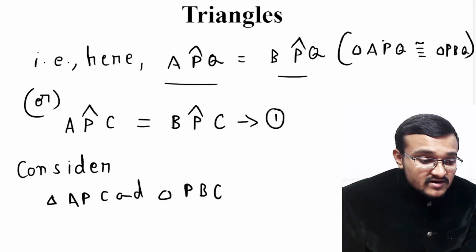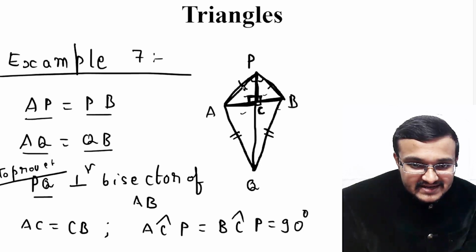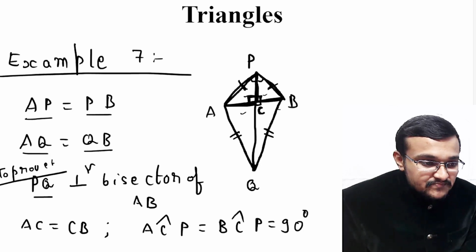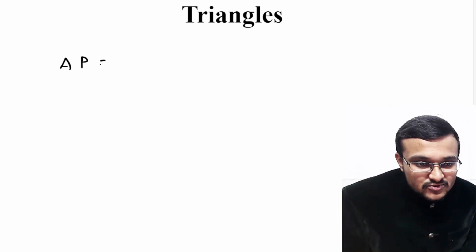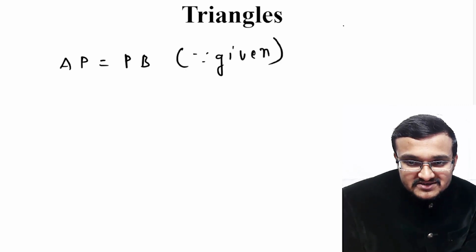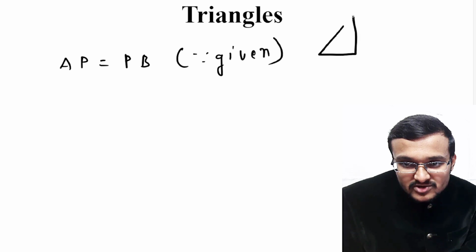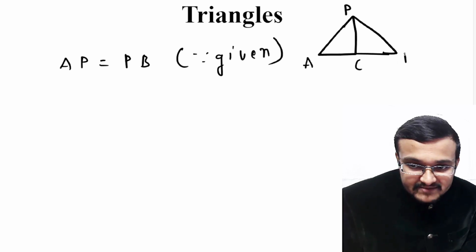Here in these two triangles, you can see already in the data they have given AP is equal to PB. Now we'll just write the triangles one more time here so that it will be easy for us to understand. So this is P, this is C, this is A, and this is B.